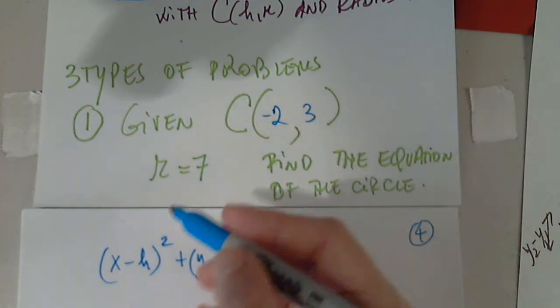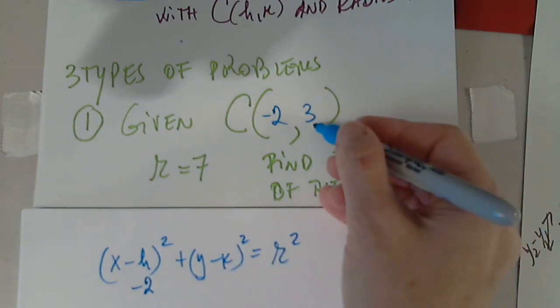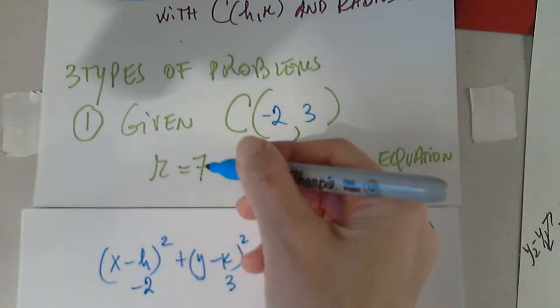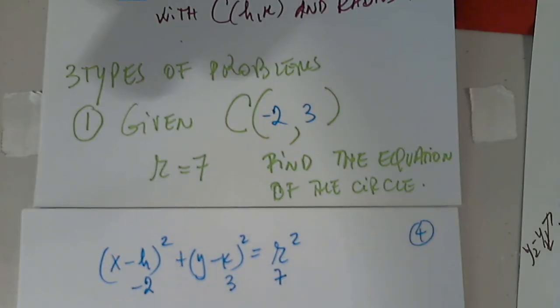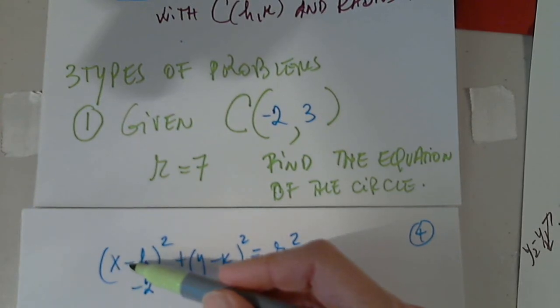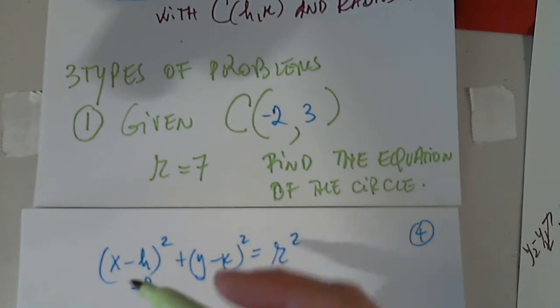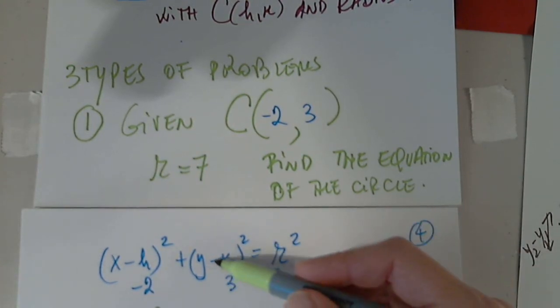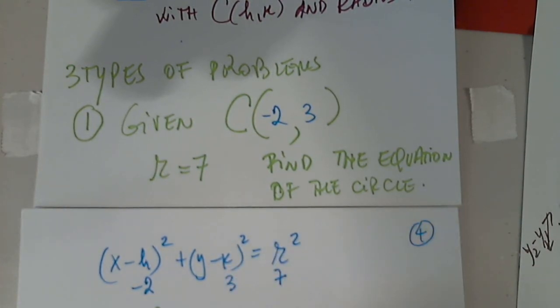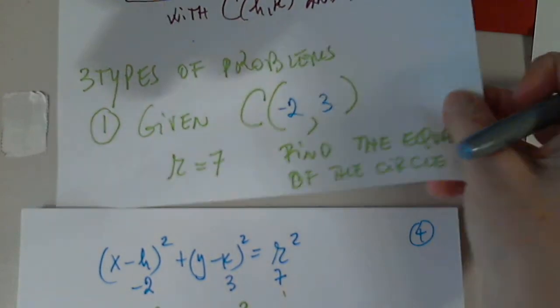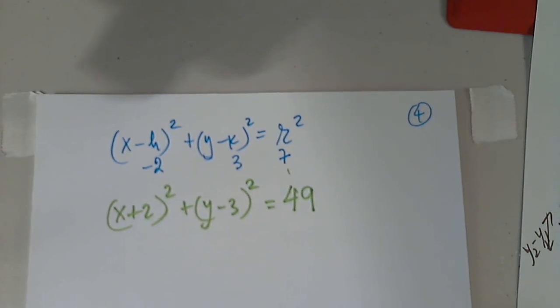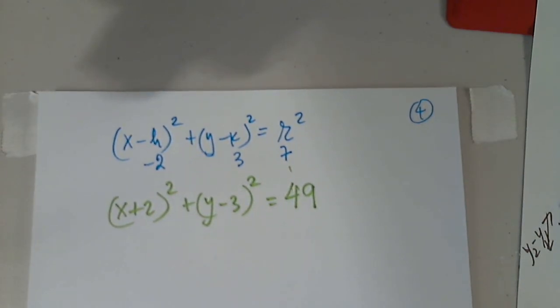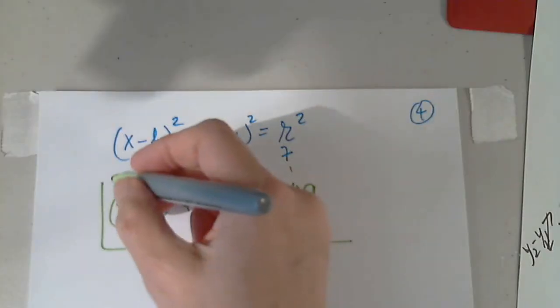Replace h by negative 2, replace k by 3, replace r by 7. Perform the operations carefully. x minus negative 2 is x plus 2 squared, plus y minus 3 squared, equals 49, not 28. Good. So this is the equation that we were asked to determine.